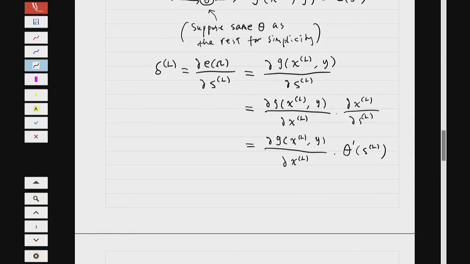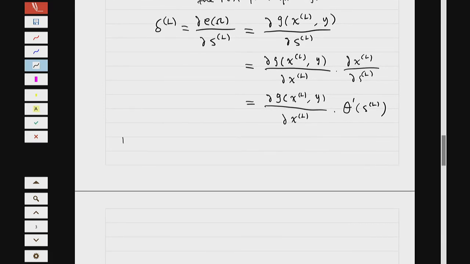So all of this can be computed easily. For example, let's squeeze in an example here. We have linear regression at the end. Then G of X of L, Y, we use the square loss. Then what is delta L?